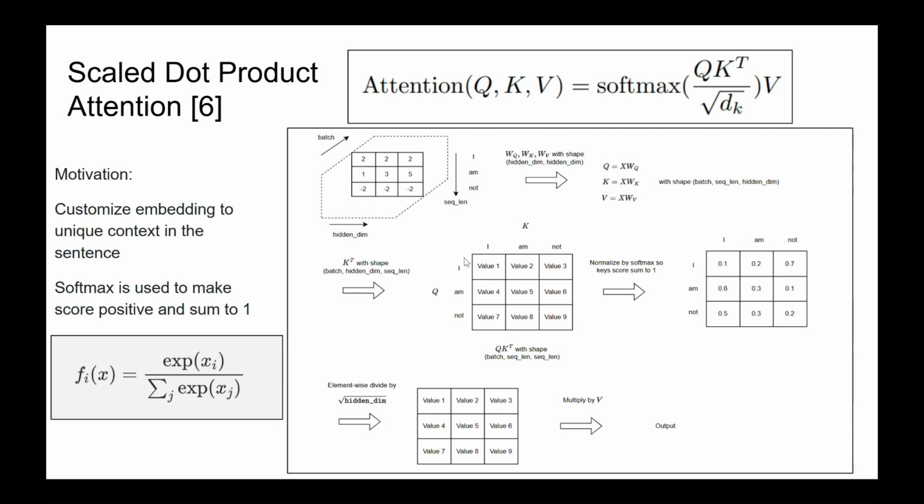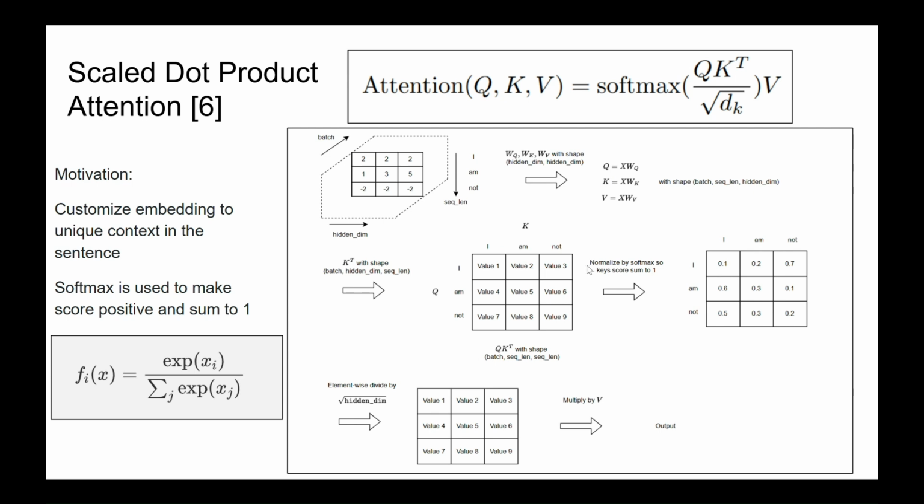So we get this kind of similarity score that we are going to normalize by softmax so that they are positive and they sum to 1. The dot products can have negative values, and each of the rows do not sum to 1.